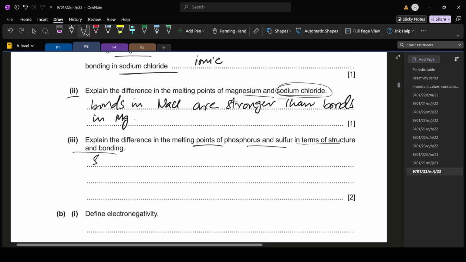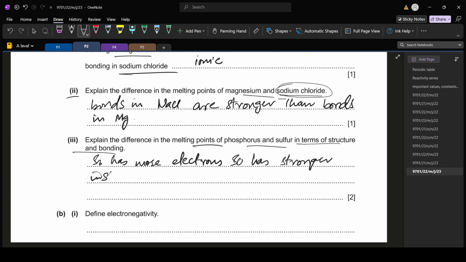So you can write that sulfur has more electrons, so it has stronger induced dipole forces, or instantaneous dipole induced dipole forces.